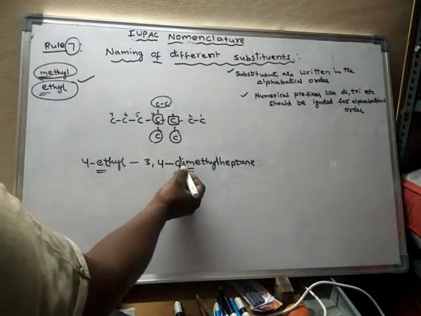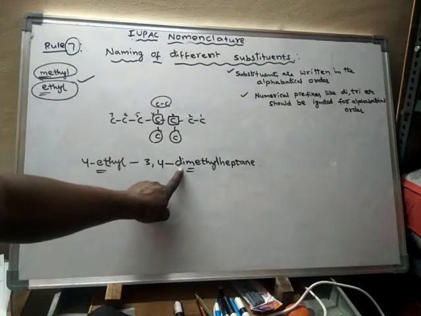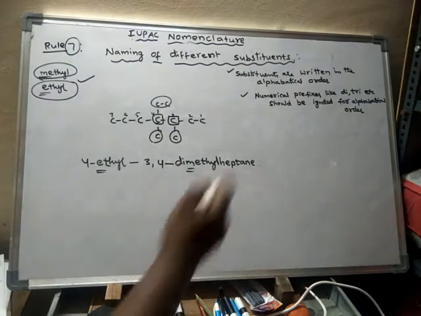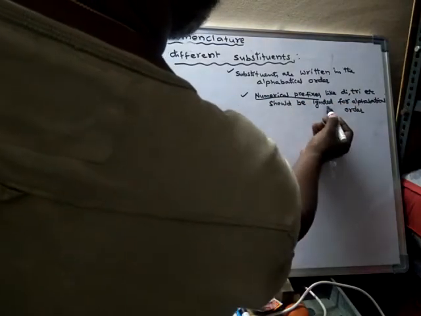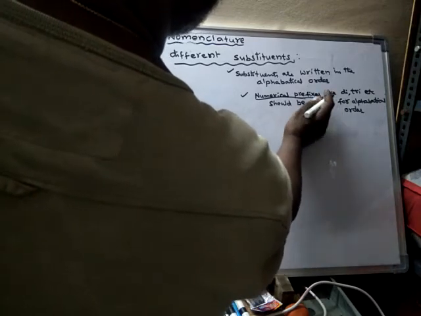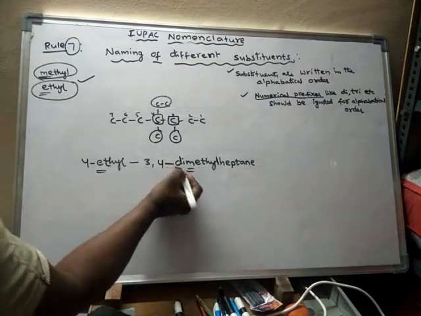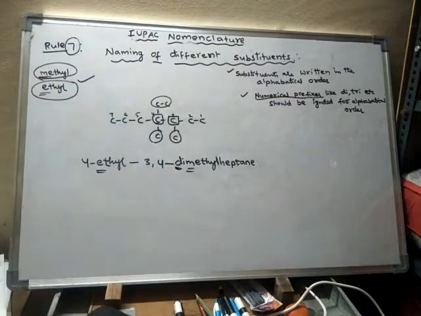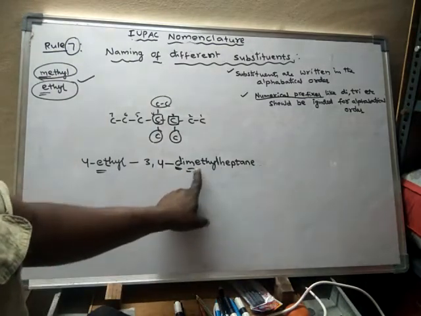So we should not consider this D. If we consider D, then it should come before this one, but that is wrong. So numerical prefixes like di, tri, etc. should be ignored. We should not consider them. We should ignore the starting letter of the numerical prefix. We have to consider the substituents only. Okay, we have to consider the name of the substituent up to here, methyl.